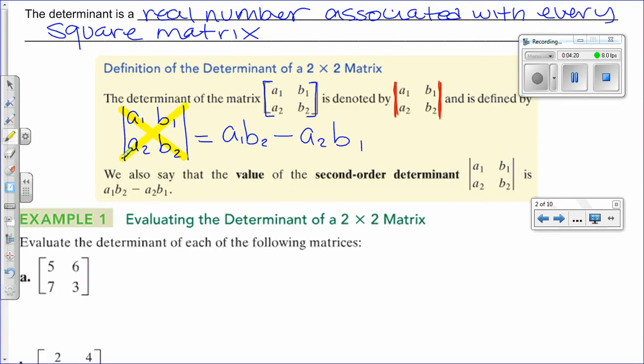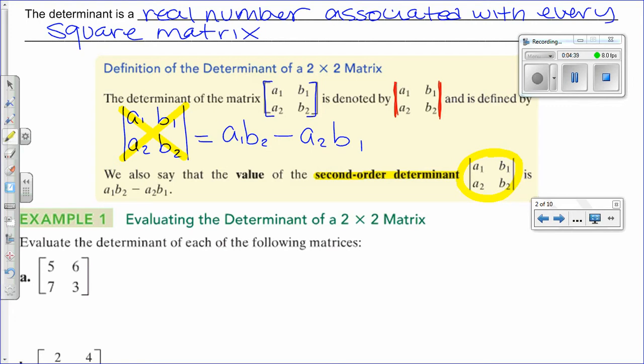We also say that the value of the second order determinant is A1 times B2 minus A2 times B1.